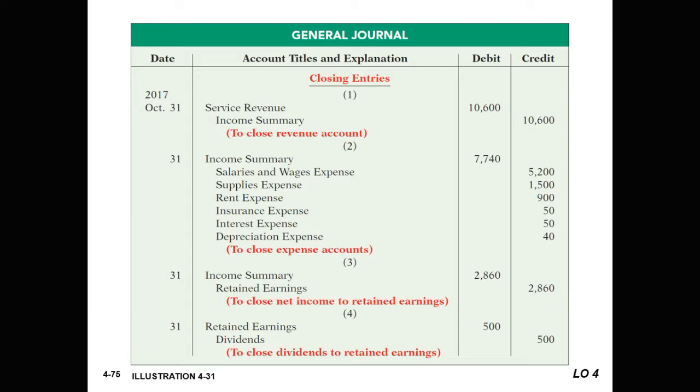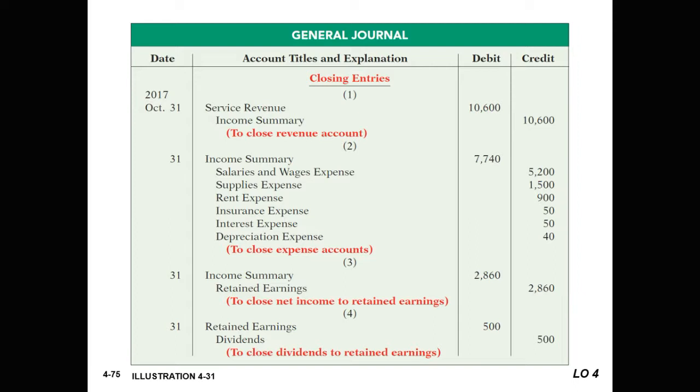At this point, effectively, in your income summary account, the balance should be equal to your net income. We then debit the income summary account for that amount, since we're assuming it has a net income because revenues were in excess of expenses.